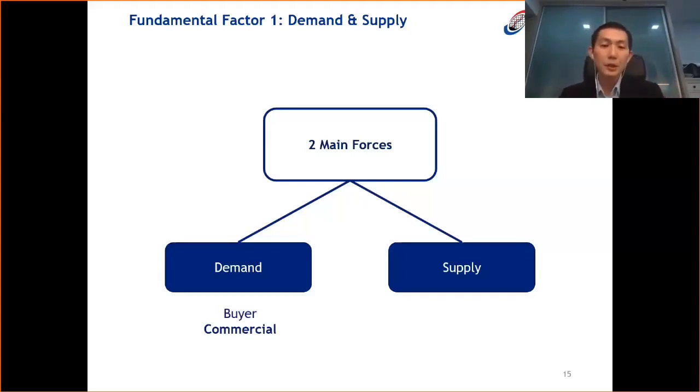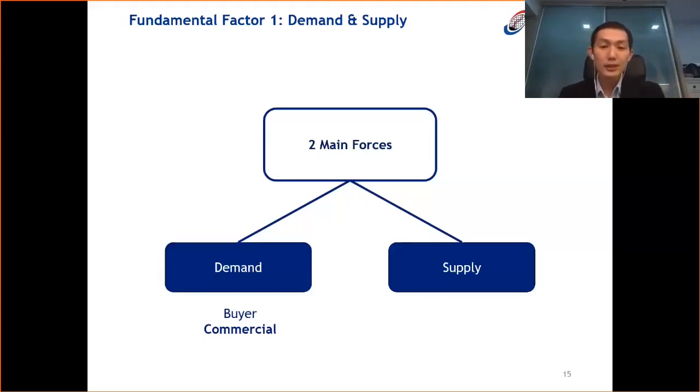Commercials are those who need CPO as raw material in their business to produce other end products to sell. Usually these are palm oil refiners or oleochemical plants who need the CPO to refine and extract chemicals from it, and then they sell it out.